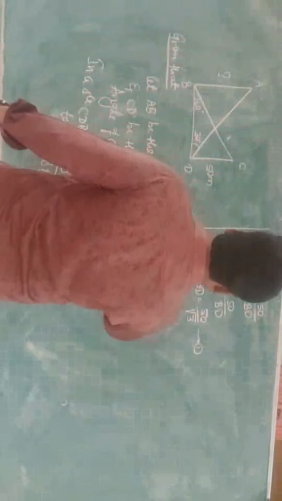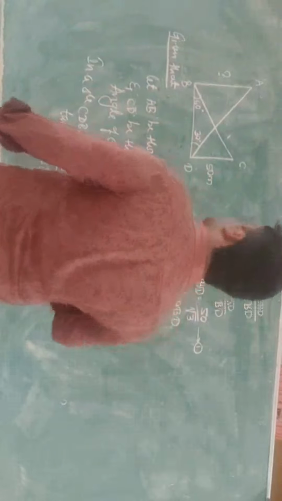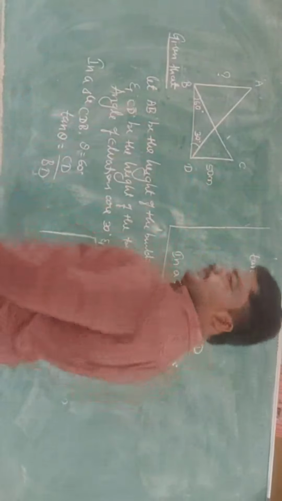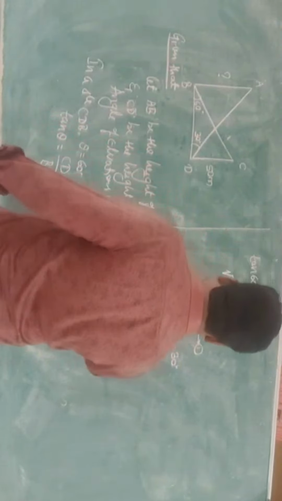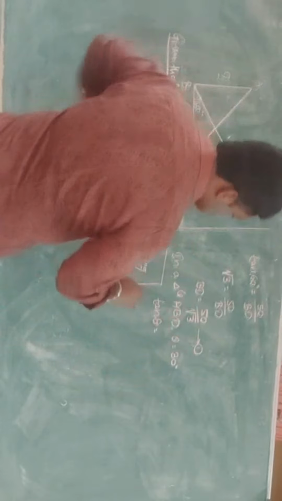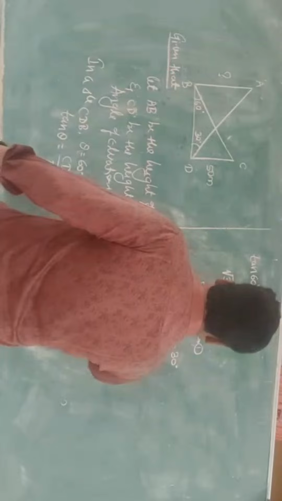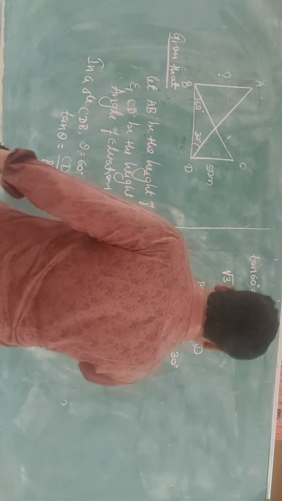Now, one more triangle we have, that is triangle ABD. In triangle ABD, angle of elevation theta is 30 degrees. So tan theta is equal to opposite side upon adjacent, AB upon BD.